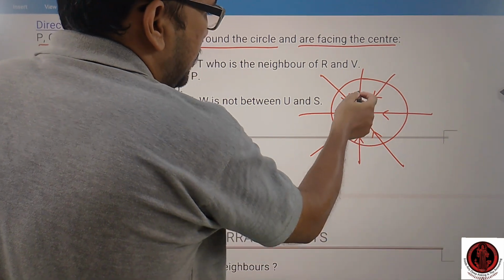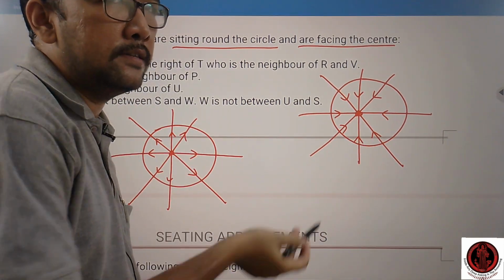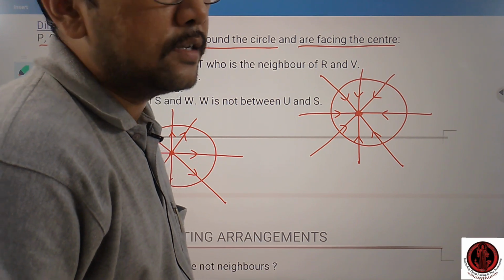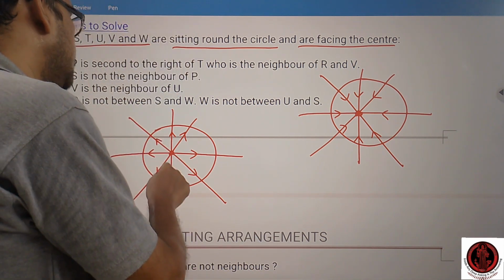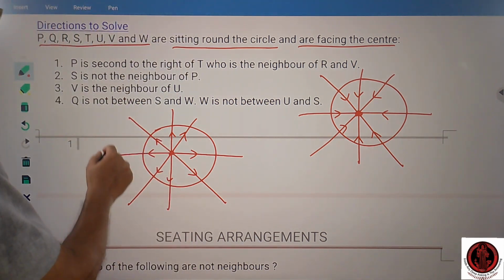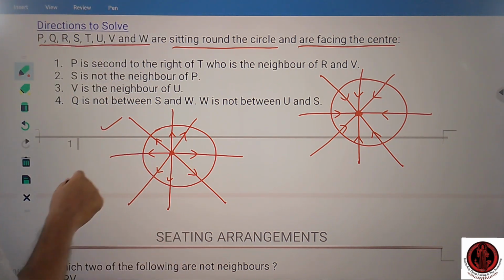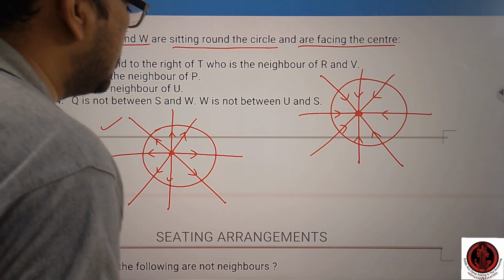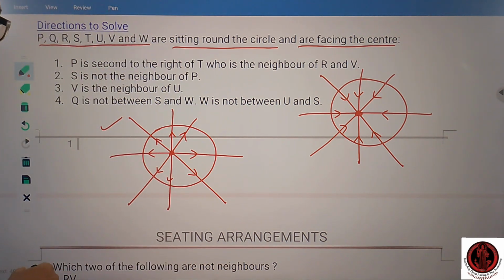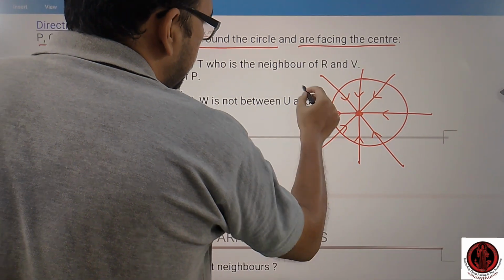In this case, when facing the center, then your right is right here and your left is left here. But in this, when facing outside the center, then your right is left over here and your left is right over here. Okay. Now, in this problem, facing the center, that means this side.